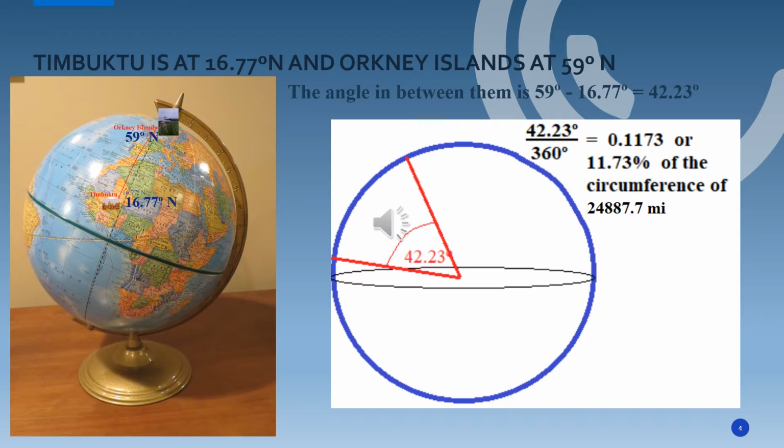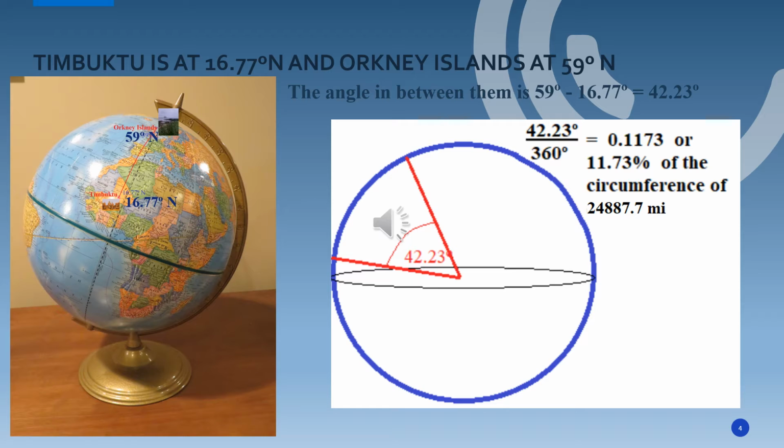That angle will then help us find the ratio of the circumference that we're trying to travel. So 42.23 degrees divided by 360 degrees gives me 0.1173, or 11.73% of the circumference. Remember, we're a mile above the Earth, so the circumference that we're traveling along is 24,887.7 miles.